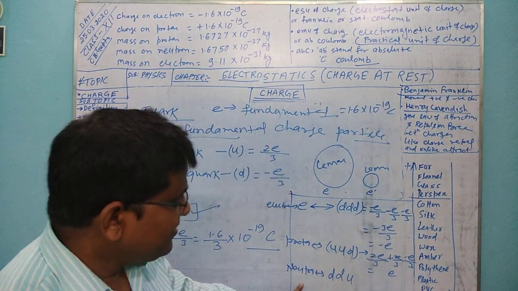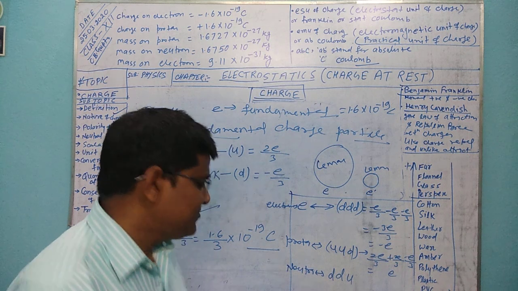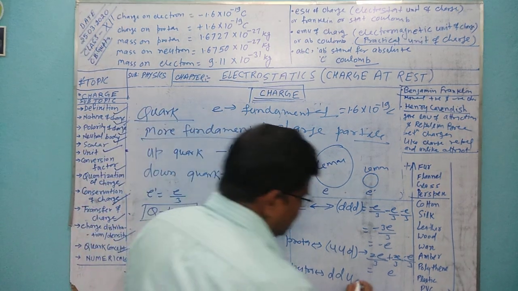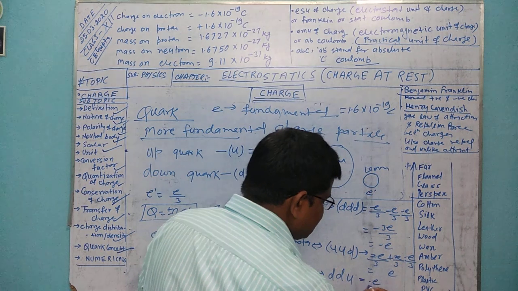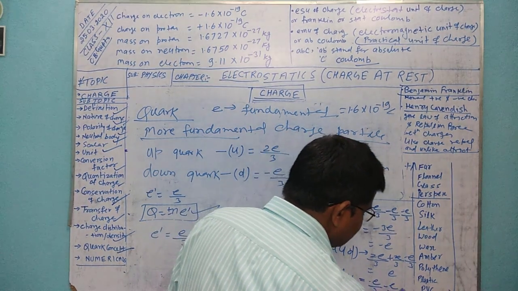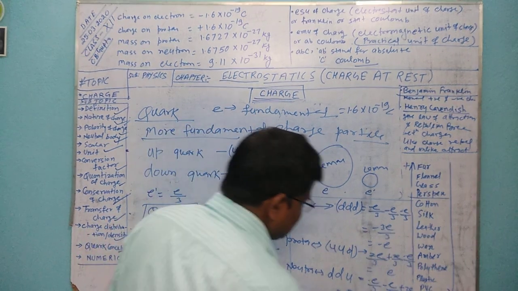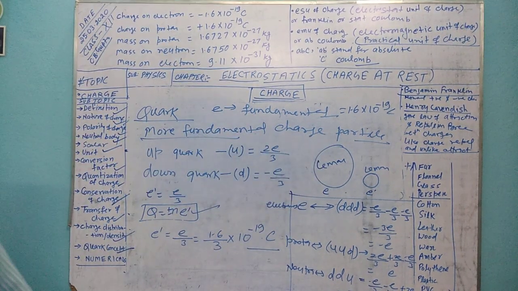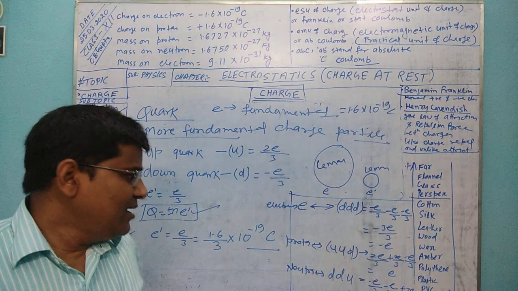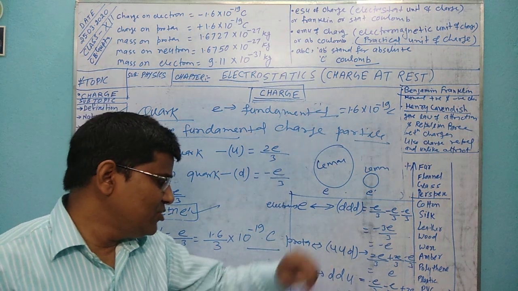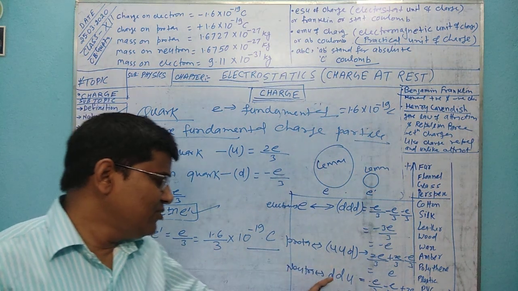This question is given in the additional exercise of NCERT, that's why I am discussing here. DDU means minus E by 3 minus E by 3 plus 2E by 3, and that's why it is 0, neutral charge.